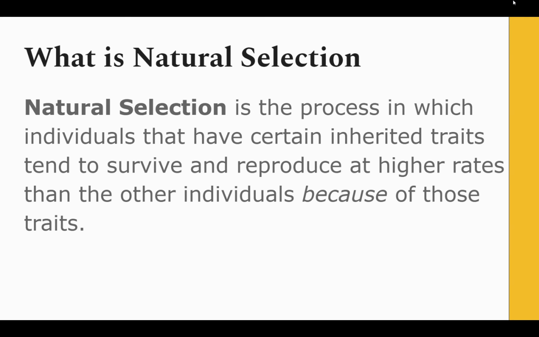So he came up with this idea of natural selection. Natural selection is the process in which individuals that have certain inherited traits tend to survive and reproduce at higher rates than other individuals because of those traits.